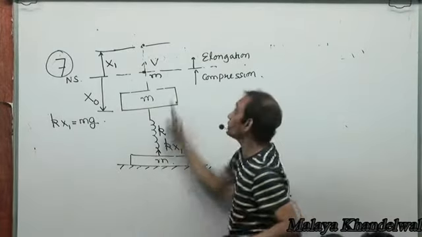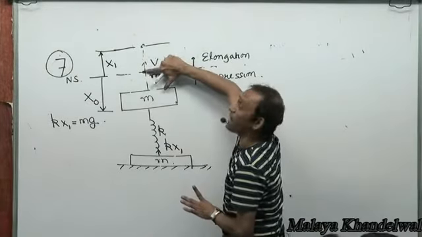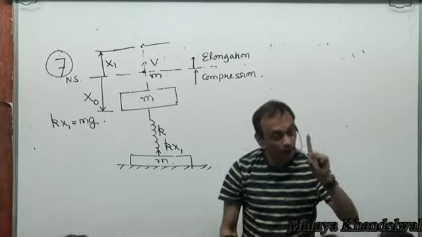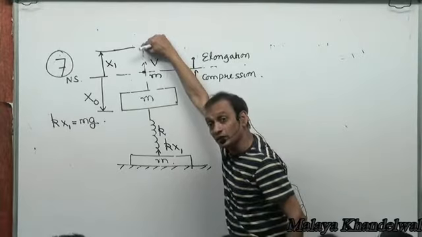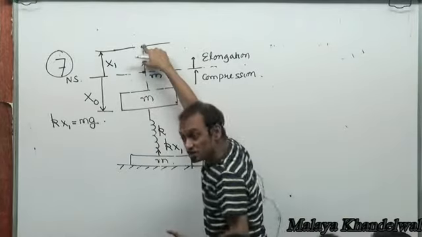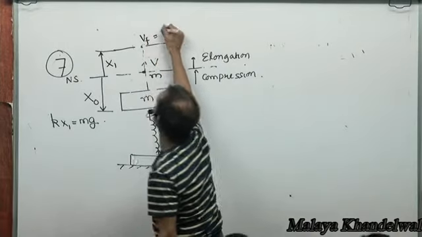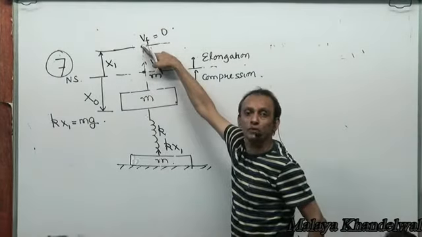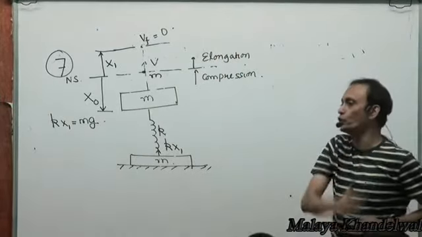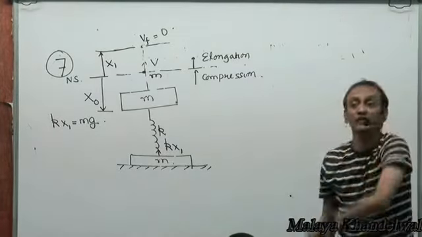That means, even though from this point onwards the mass will retard, because the spring is going to pull it down, you at least want the mass to reach this elongation state x1, even if it reaches this point with zero velocity. Then also the spring force will be kx1 to pull the mass m off the ground. Yes or no? Right? x1 is the extent of elongation that you eventually want.